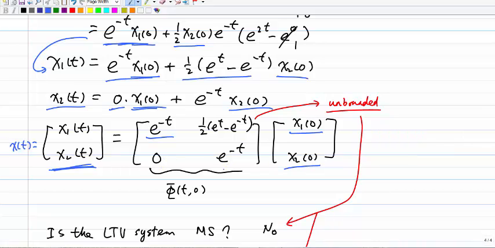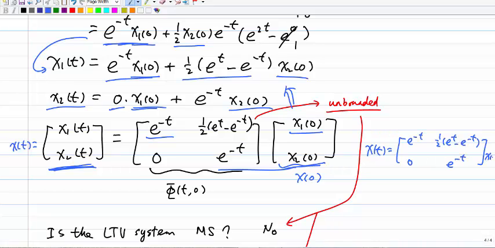This is e minus. You do the multiplication. This will become exactly equivalent to these two equations over here. So I indeed can write this solution x(t) as something times, of course this guy is just equal to x0. So which means I can write this solution as x(t) equal to e^(-t), 1/2 (e^t minus e^(-t)), 0, e^(-t), times x0.